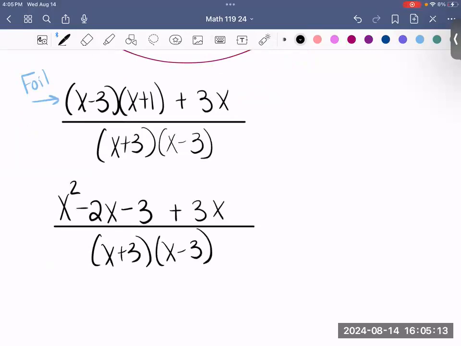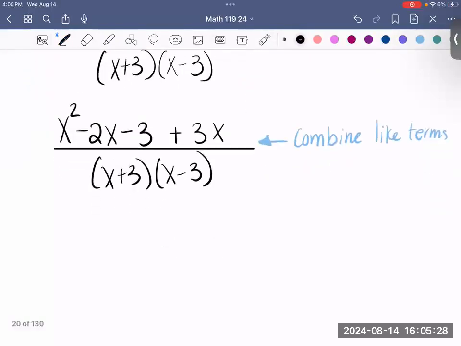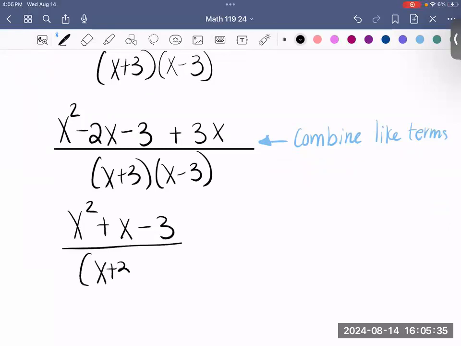Okay, so from here, right, combine your like terms. So let's write that. So combining your like terms, you get x squared plus x minus 3 over x plus 3 and x minus 3. Now, before you say we're done, definitely check to see if your numerator is factorable.